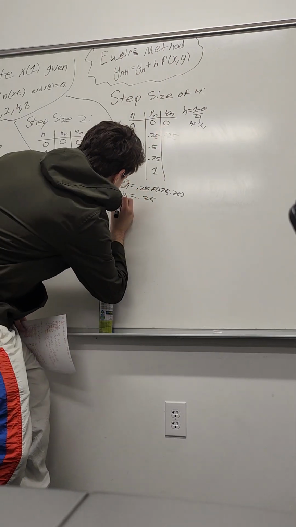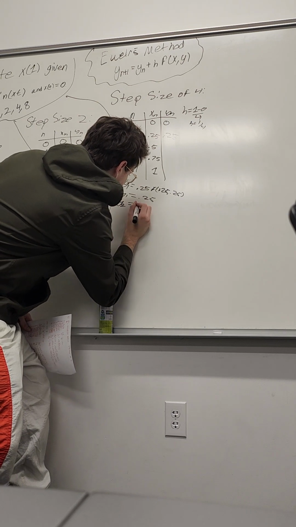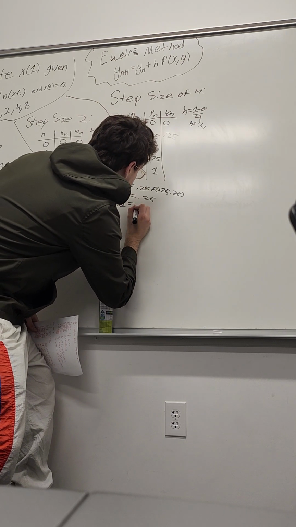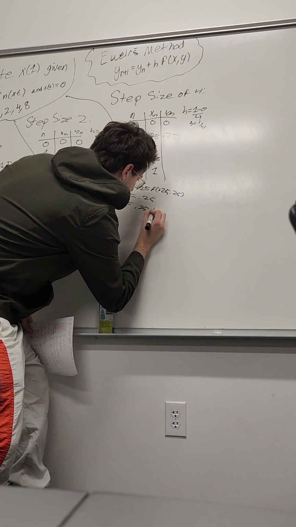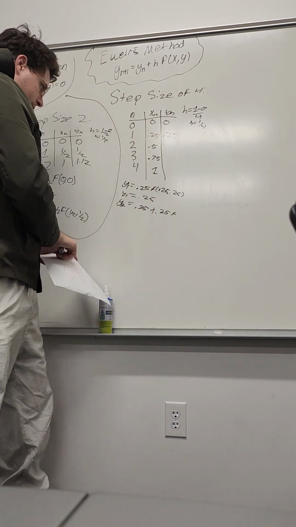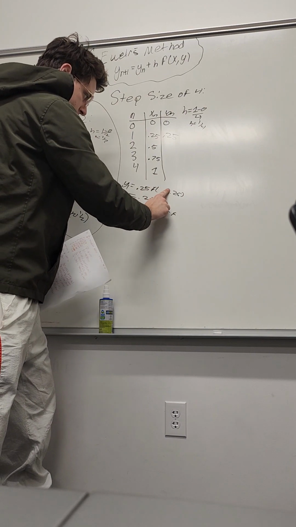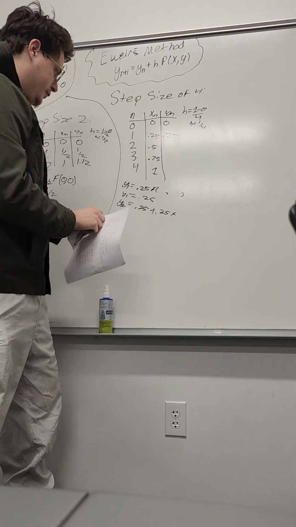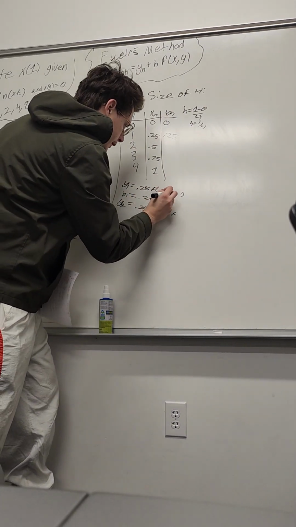Alright, next one, y of 2 is going to be 0.25 plus 0.25. Wait, oh, it's not 0.25, that's the initial 0, yeah.